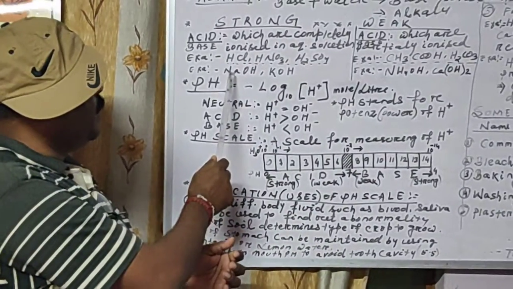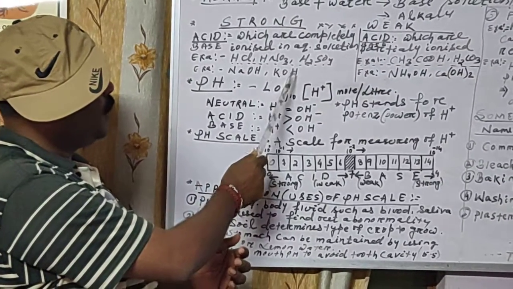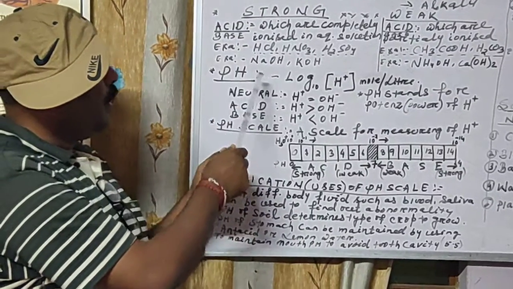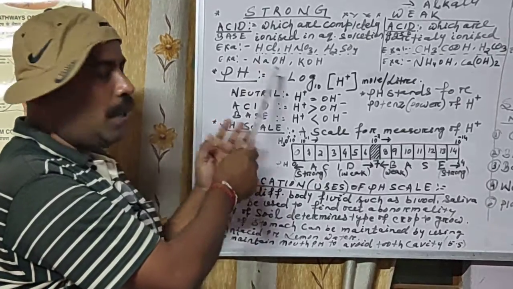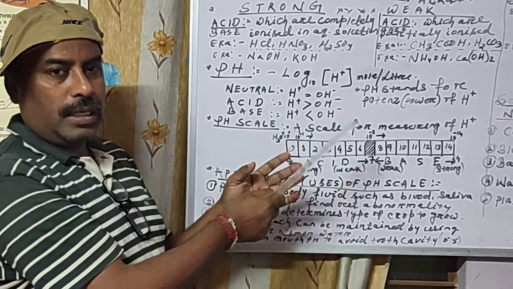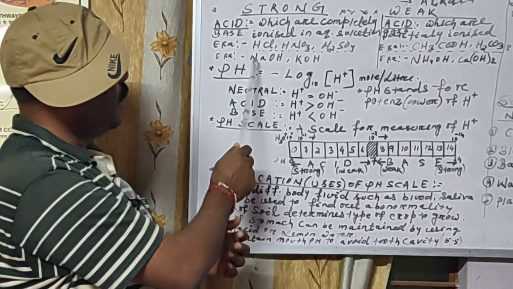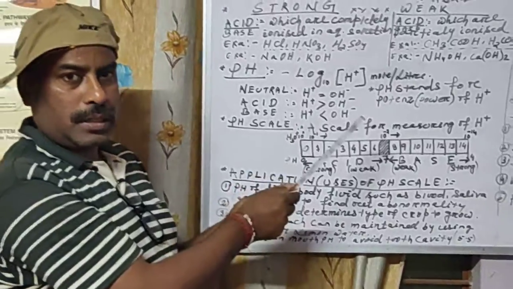Sodium hydroxide and potassium hydroxide are called the strong base because when the base gets dissolved into water, it gives completely OH minus, that is hydroxide ion. Then they are called the strong base.